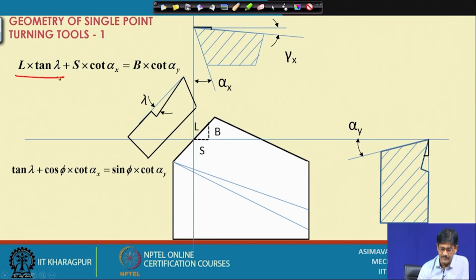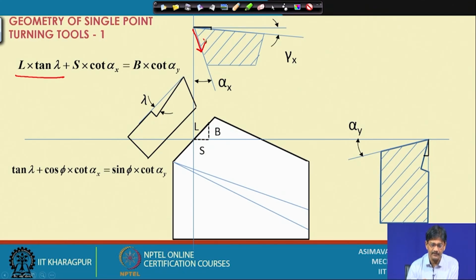After that, suppose I start moving down the flank now. In what way? I am moving down the flank in the transverse plane. So, this is the way I am moving down. If I move down the flank, then I am covering some vertical distance. How do you find out that vertical distance?